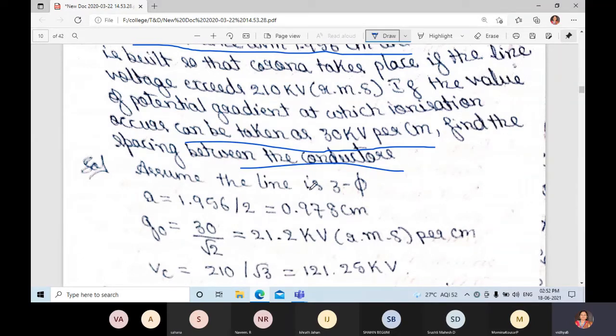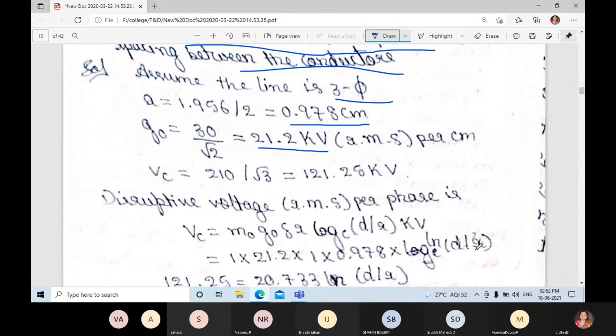Assuming that the line is 3 phase, R is equal to the diameter they have given divided by 2, you will get 0.978 centimeter. G naught is equal to 30 divided by square root of 2, you will get 21.2 kV per centimeter.